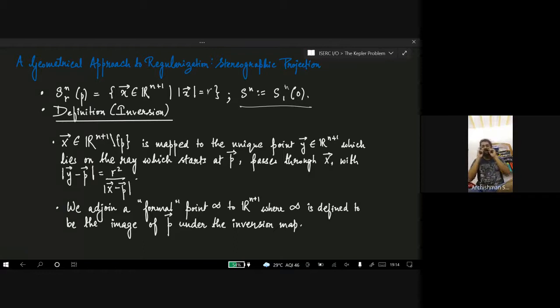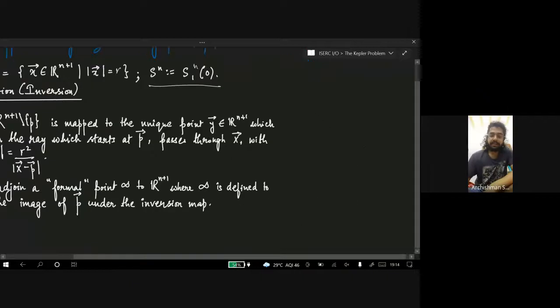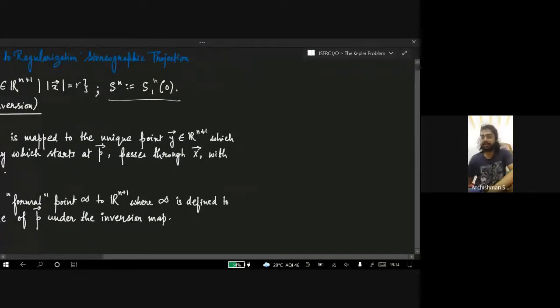Let's briefly define the idea of inversion with respect to a sphere. Let me show this diagrammatically.